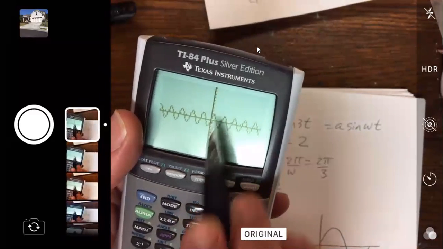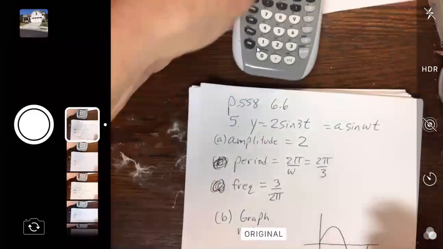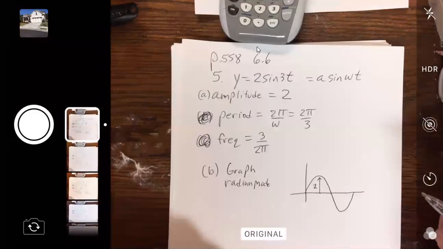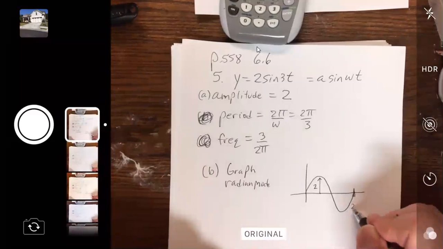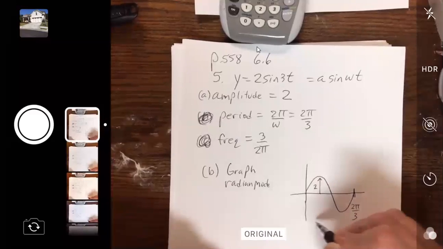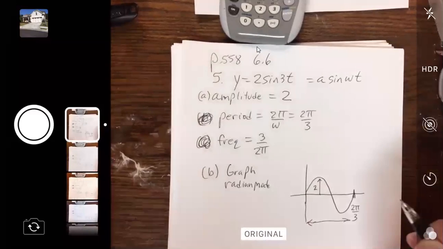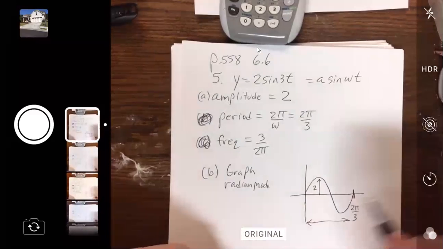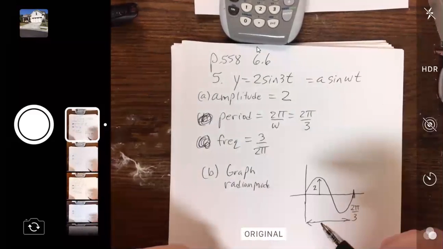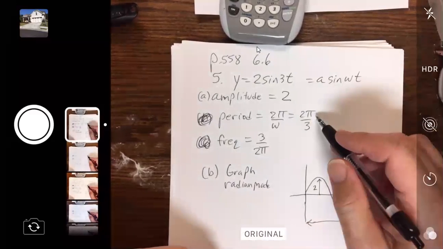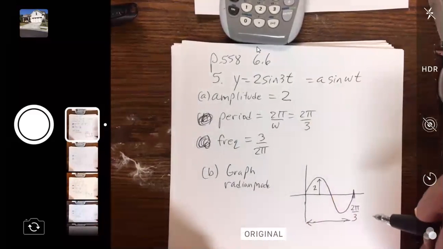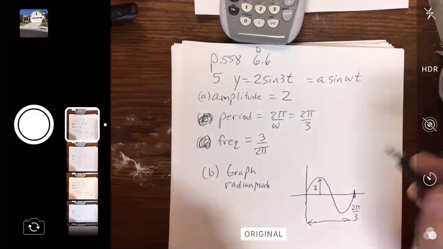It's going up to 2. That's its amplitude. And 1 cycle here would be 2 pi over 3. You don't have to label these things on the graph. And you get 3 over 2 pi cycles per second, and 2 pi over 3 seconds per cycle. That's about all there is to it.